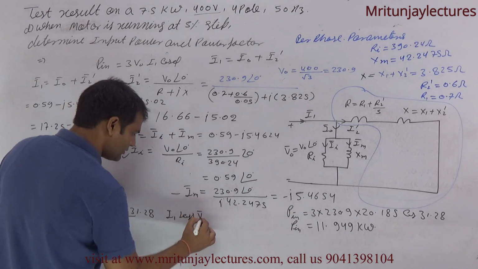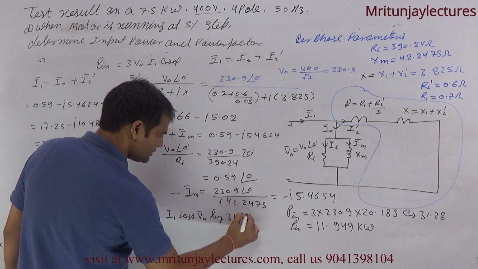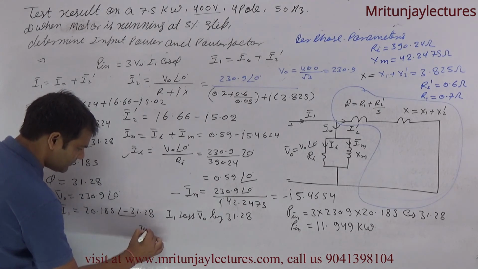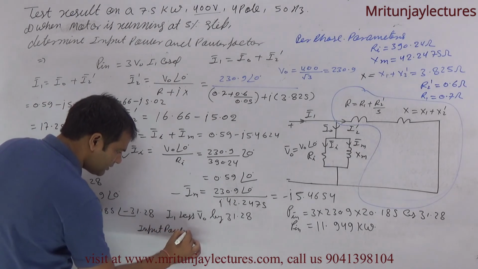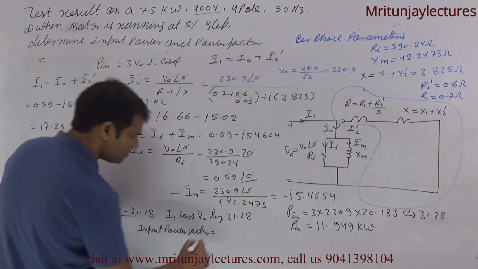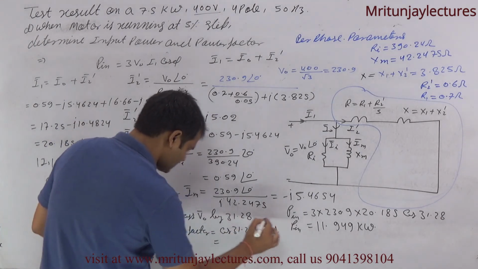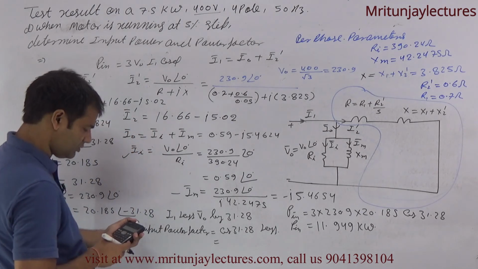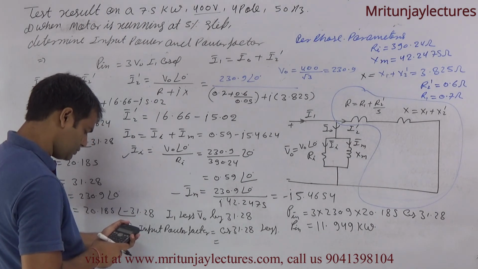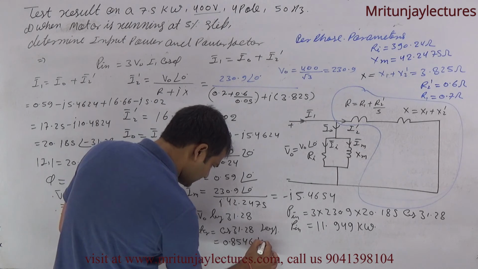I1 lags V naught by 31.28 degrees. So the supply or input power factor is cos 31.28, that is 0.8546 lagging.